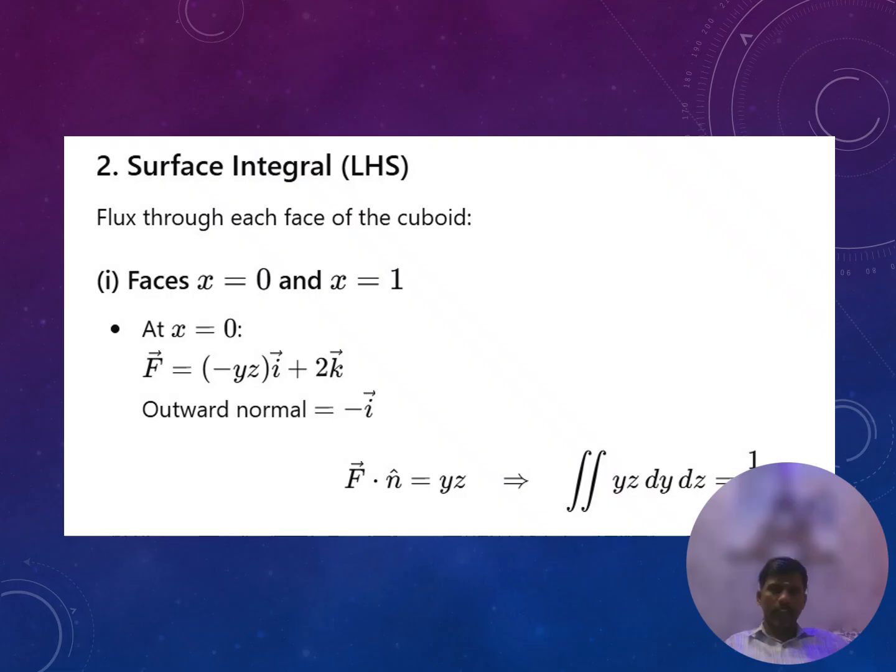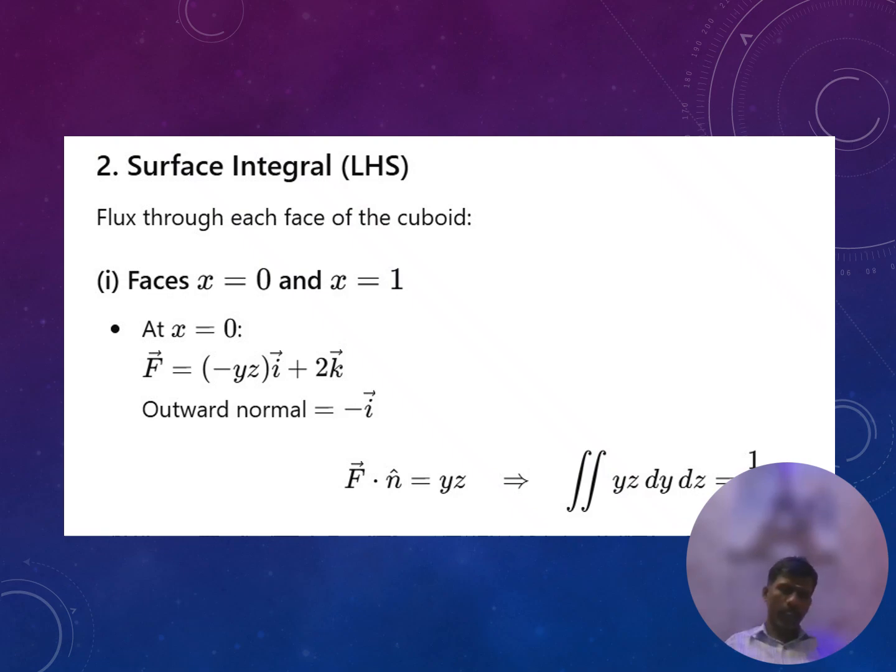If x equal to 0, F vector is equal to, so we substitute x equal to 0: minus yz i vector plus 2k vector.